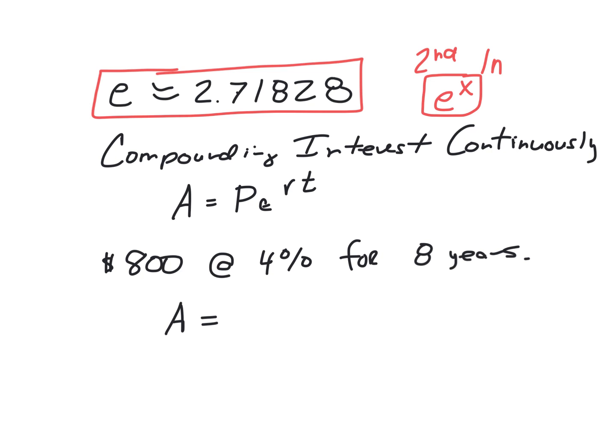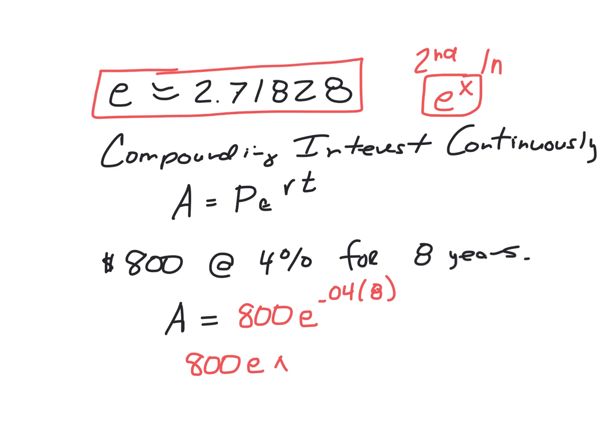So if I invest $800 at 4% interest for 8 years, my principal is $800. e is e. My rate as a decimal would be 0.04, and my time would be 8. All right, now if I do this on my calculator, I'm going to go 800, and then I'm going to hit the second LN button, which is the e to the x button.